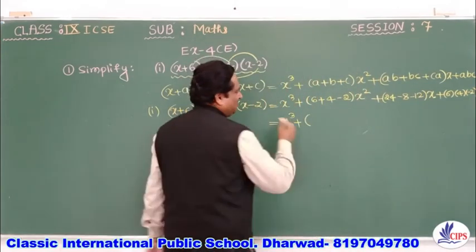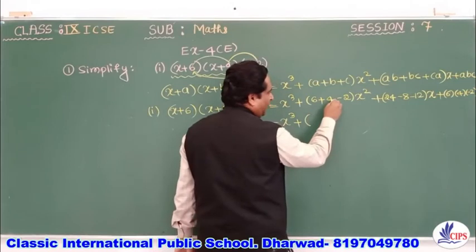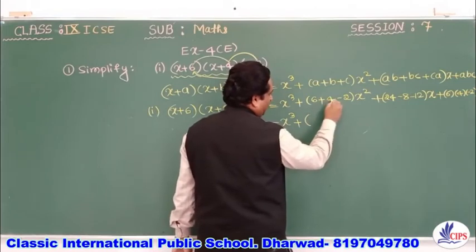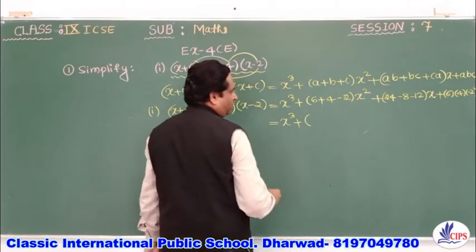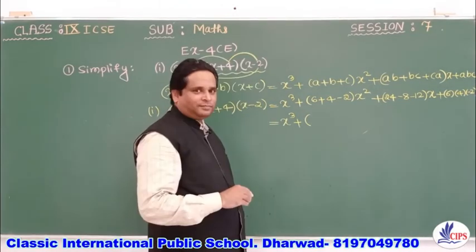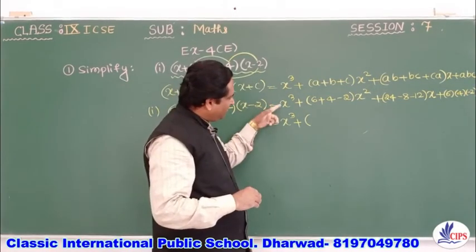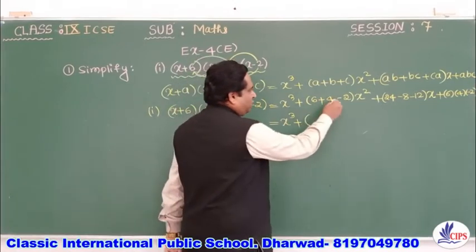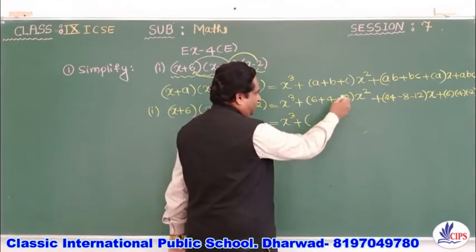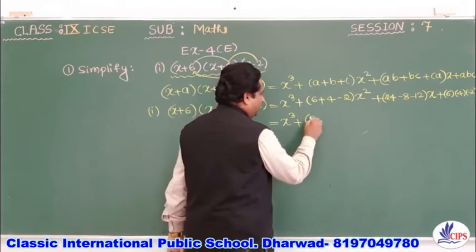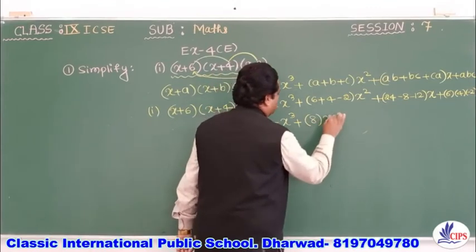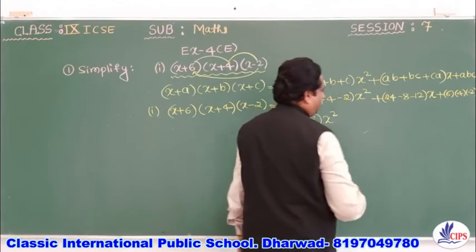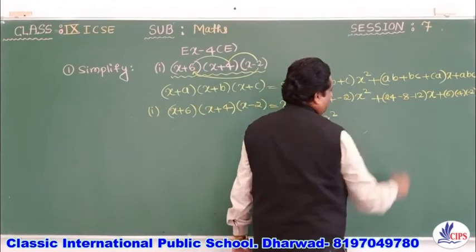Yes. Simplify here. 6 plus 4, 10. 10 minus 2. Yes, children, see here how I am going to simplify. I will write x cube as it is plus then 6 plus 4, 10. 10 minus 2, 8. Is it 8? Yes, 8x square. Then here minus 8 minus 12, how much?